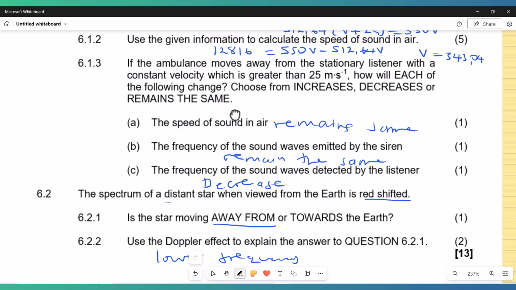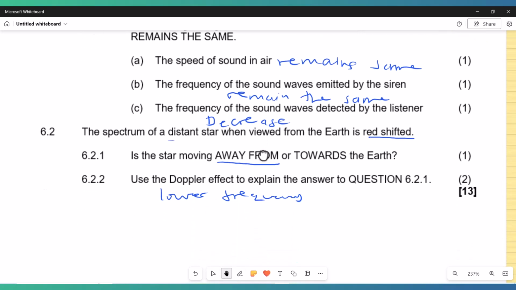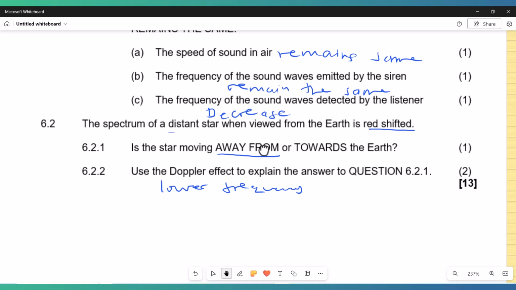Because of that, the spectral lines are shifted to the red end of the spectrum, and so the star is moving away. Don't forget that from our Doppler equation, if f listener is lower than f source, then the source is moving away. All right, hope we are together. Let us proceed.